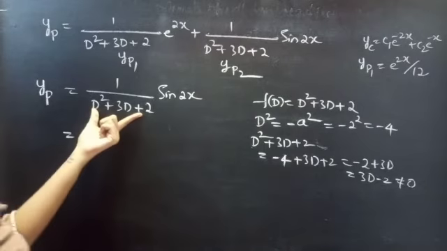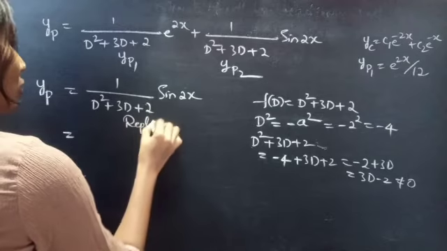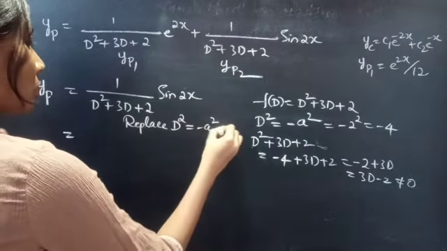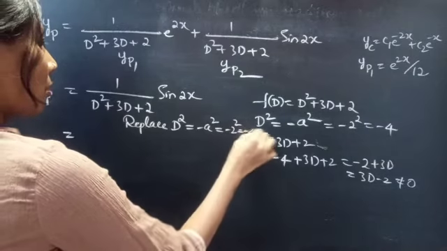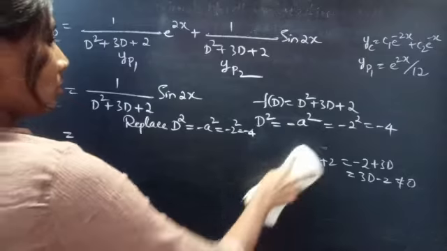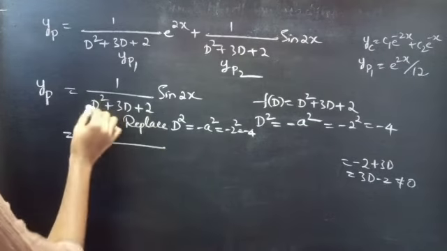Since the denominator is not equal to 0, we can replace D square by minus a square, which is minus 4.